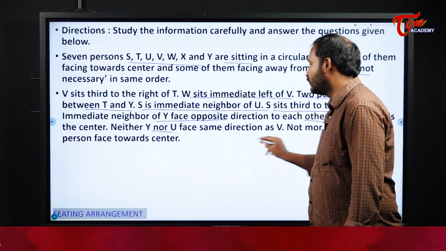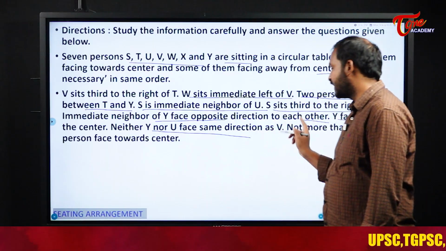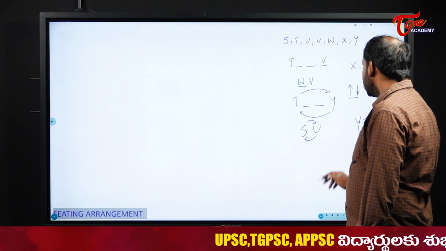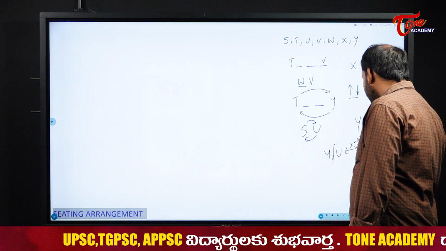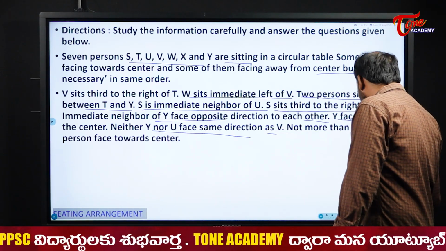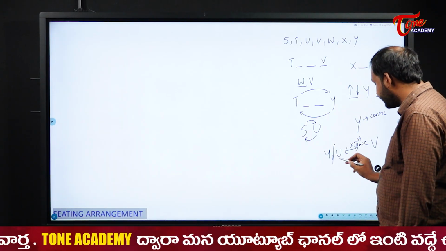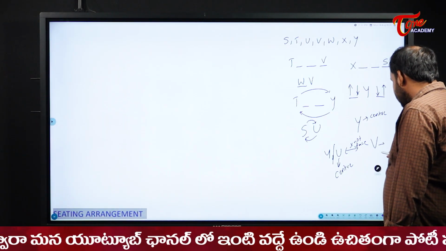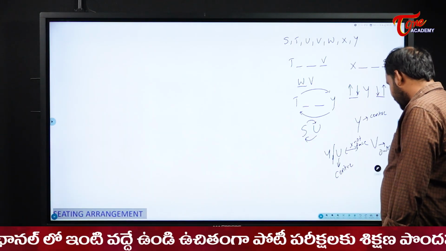Neither Y nor U face the same direction as V. Already we came to know that Y is facing center. If Y faces center, U also faces the center and V will face outward. That is the logic which we can understand here.